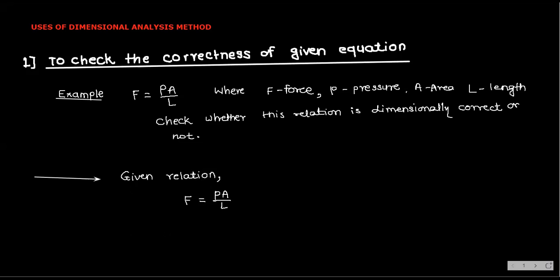First take left hand side. LHS is equal to what? F. So find out dimensions of F. What you are getting? 1 in mass, 1 in length, and -2 in time. You know these dimensions of force. So call this equation number 1.